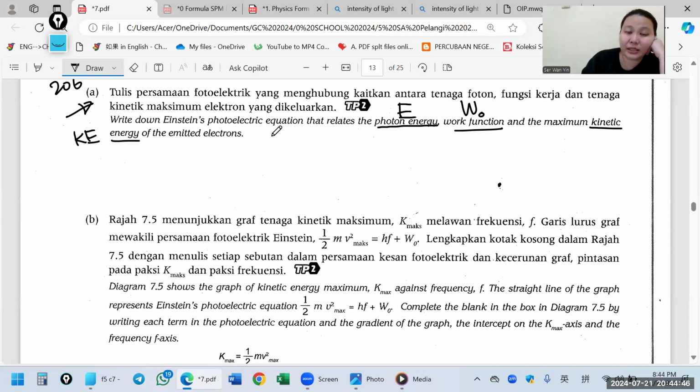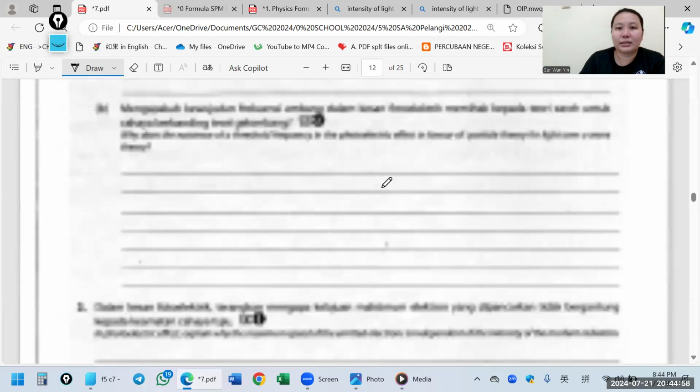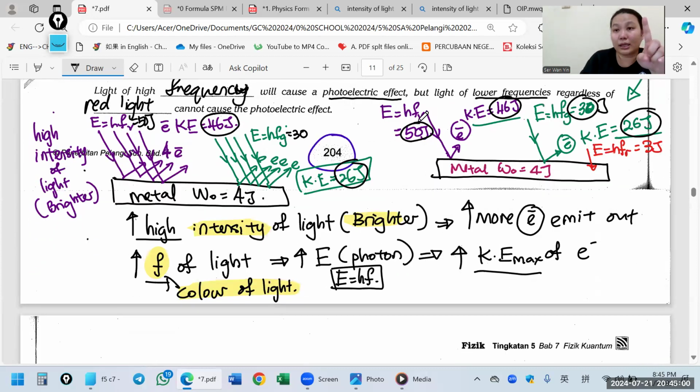So E equals work function plus maximum kinetic energy. It's the same as what we drew just now. Max photon, let's say 50 joules: use 4 joules to overcome the binding force, and 46 joules goes up as kinetic energy.